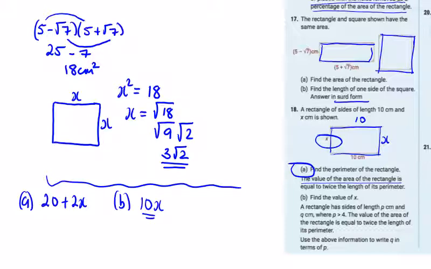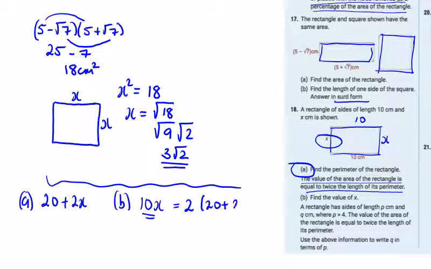The value of the area of the rectangle is equal to twice the length of its perimeter. So the area is equal to twice the length of the perimeter, so twice the perimeter, which we got in the first part.